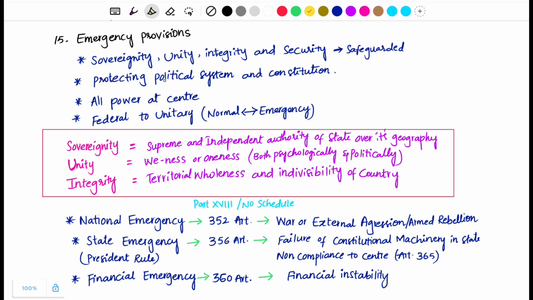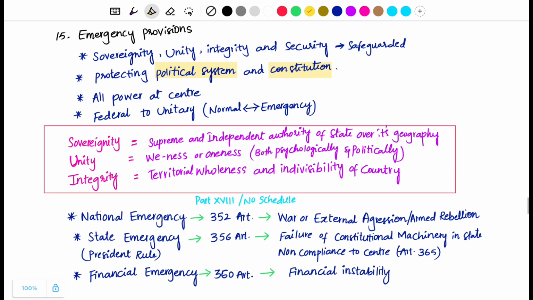The emergency provisions are enshrined in the Constitution to protect the political system and the constitutional machinery in the state. When these emergency provisions are implemented, all the powers are diverted to the center. The state has no say in the governing rules. The center has all the powers while the emergency provisions are invoked.